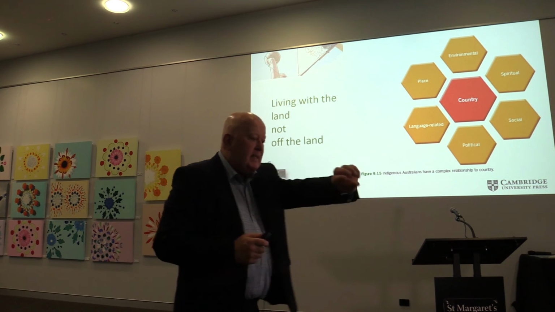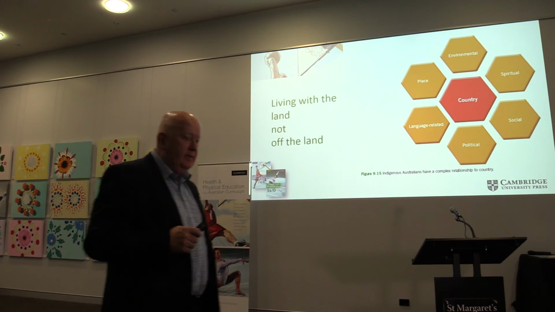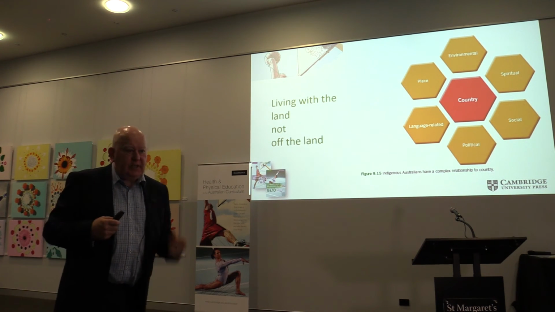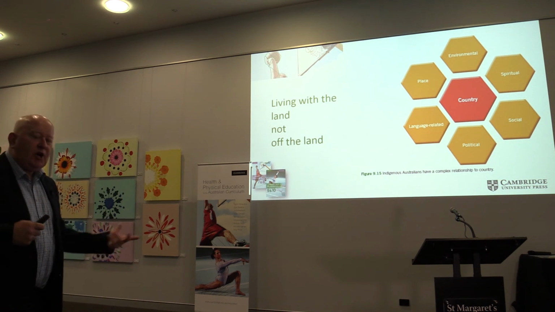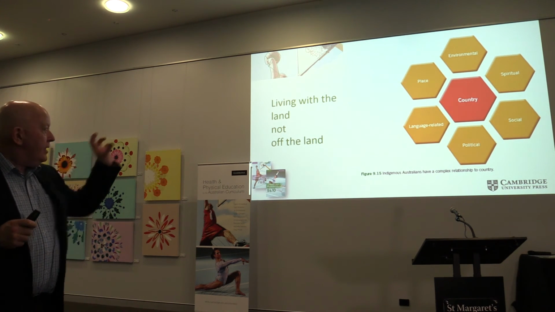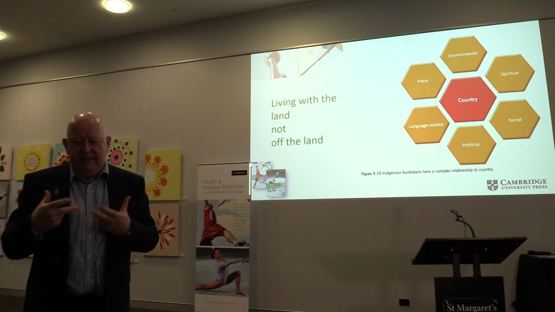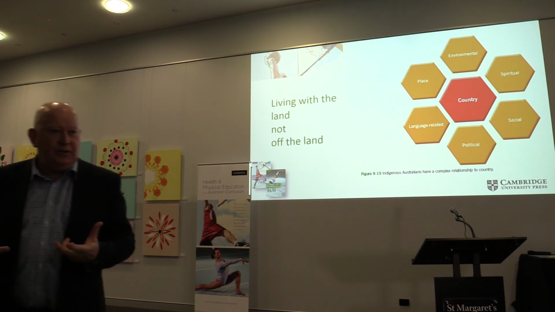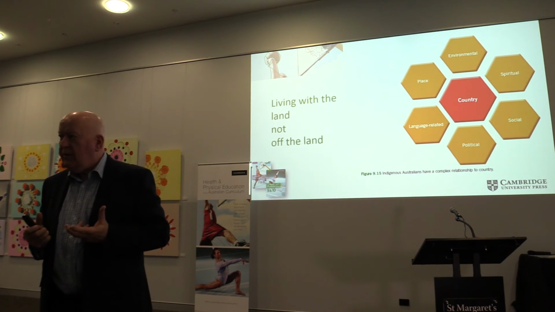I want to talk a little bit now about the Indigenous relationship with the land. During my research, I have a number of Indigenous colleagues, and I was talking to one of them. She was telling me that Indigenous people have a different view of the world. They have a different view of the relationship to the land.